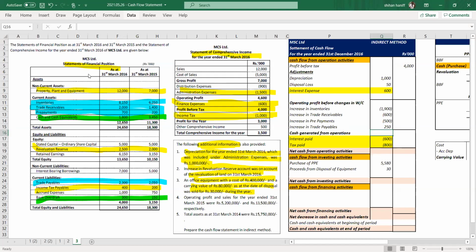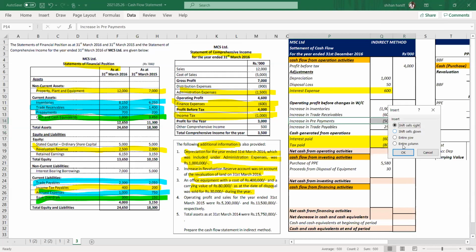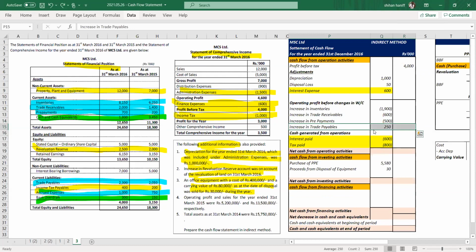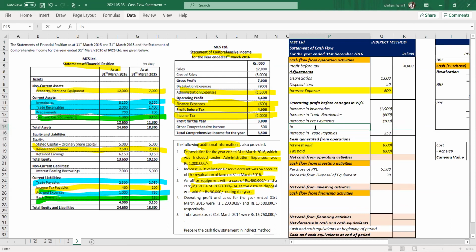That is also working capital. Increase in accrued expense. Accrued expenses increased by 250.